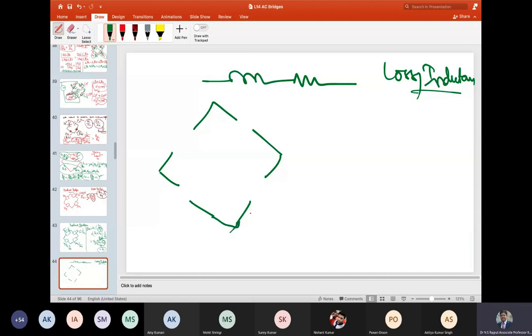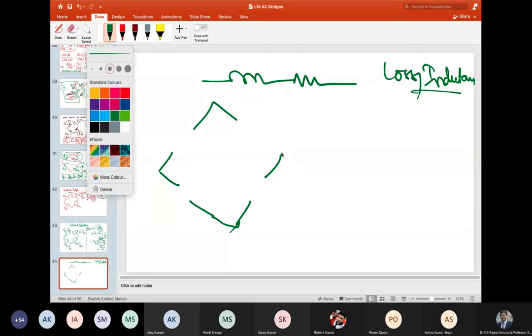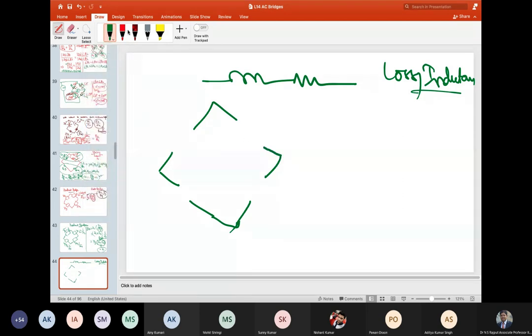We have created a bridge. I have to insert my unknown part somewhere. So let me choose this to be here. So let me insert my inductance and resistance here. So this is Lx and Rx, right?